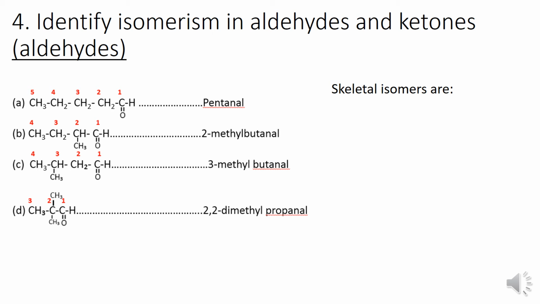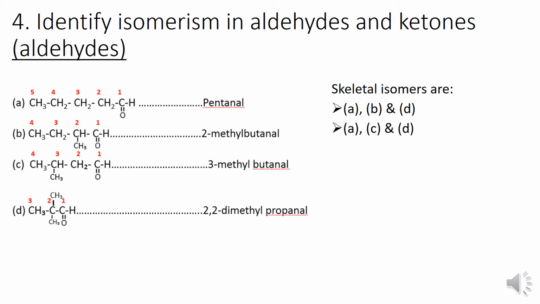So A, B, and D are skeletal isomers. Do you think that we have other skeletal isomers? Let's think about it. What about A, C, and D? A, C, and D are also skeletal isomers.